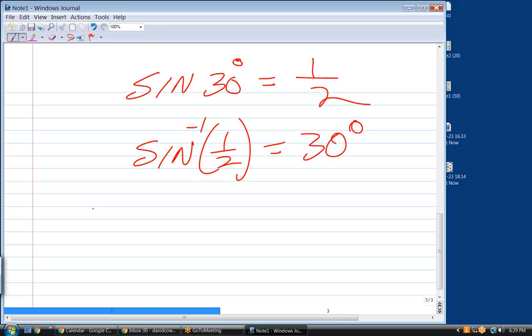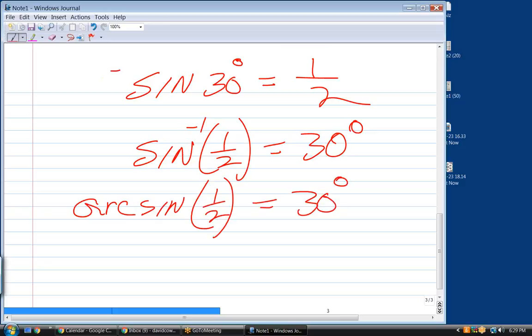Arc sine's the same thing. If I said arc sine, I would want to put a number in here, not an angle, to come up with the angle. This is an if and only if, meaning that if the sine of 30 degrees is 1/2, then the inverse sine of 1/2 is 30 degrees. So you only use it for ratios, inverse sine.